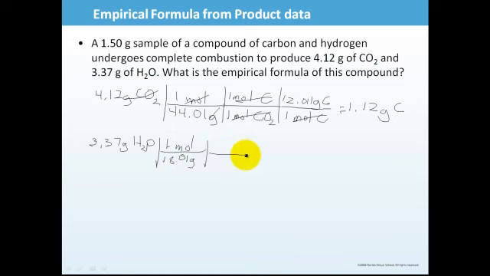Alright, now this mole ratio, when we look at the formula, H2O, we actually have 2 hydrogens for every 1 mole of water. Okay, so it's actually 2 moles of H over 1 mole of H2O.